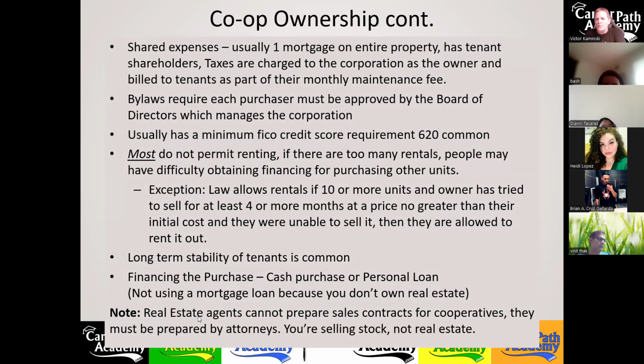And here's another thing that we need to be aware of. Real estate agents cannot prepare the actual sales contracts of co-ops because it's not real estate, it's stock. And they must be prepared by attorneys. Now, the funny thing is I found that most attorneys don't even prepare the contracts themselves.